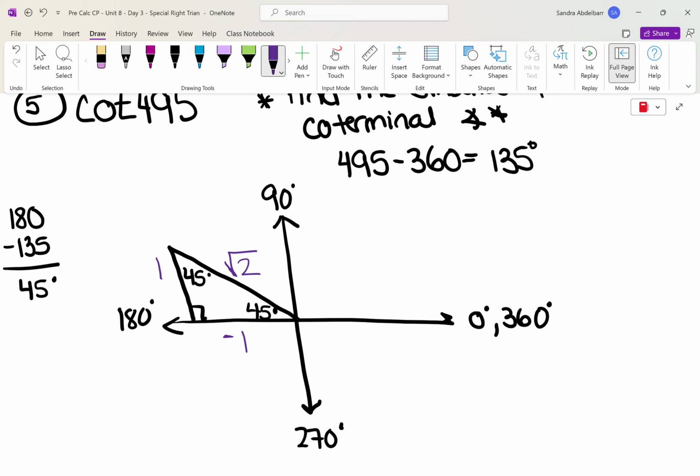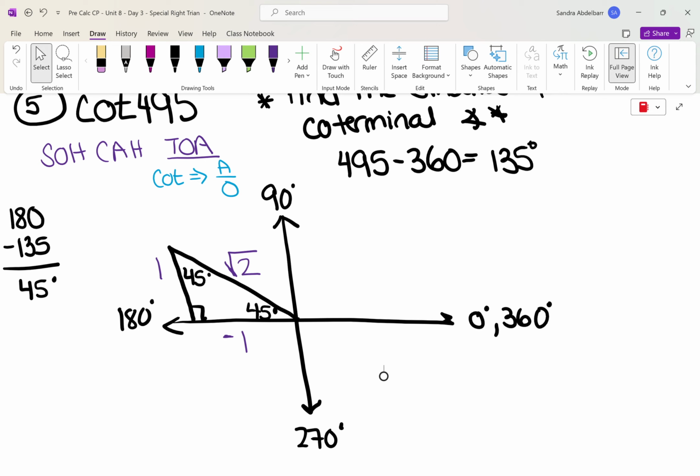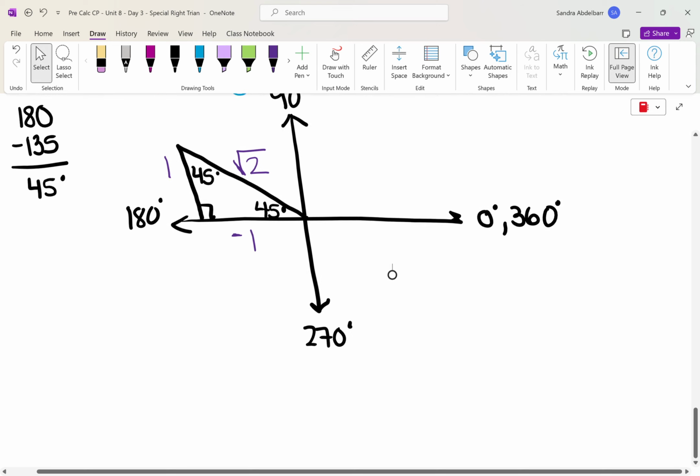So do we all agree cotangent is the reciprocal of tangent? So if we're back to SOHCAHTOA, we have tangent is opposite over adjacent. So that means the cotangent will be adjacent over opposite.